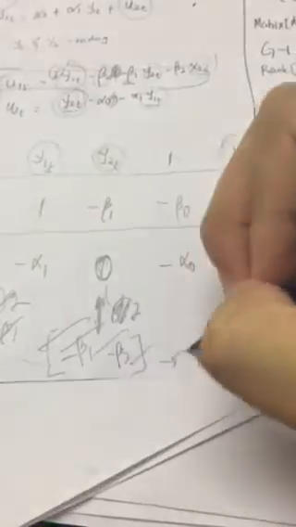But here there is none, so it's only beta 1. Here also we close, then we have beta 2 minus beta 2. So the matrix will be like this. The rank of this matrix is still 1, because we have 2 columns and 1 row. The rank of a matrix is the minimum of the number of rows and columns, unless the determinant is 0. So yeah, I hope that helps. Thank you.